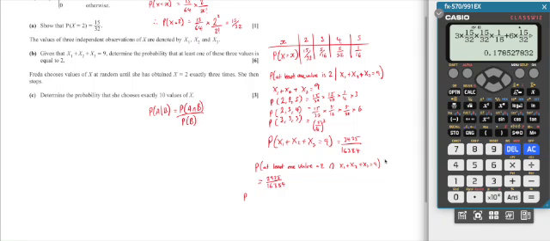So then the probability that what we want, at least one value is 2, given that x1 plus x2 plus x3 is 9, is going to be 2925 over 16384 over 3425 over 16384.